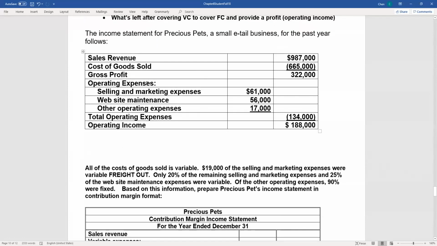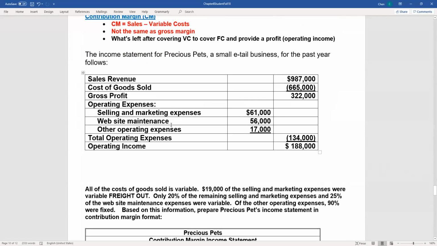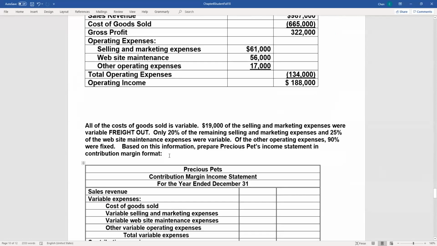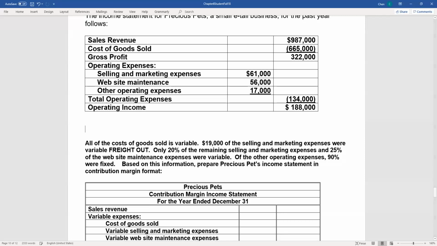This table here is an example of a traditional or absorption costing approach income statement. We start with sales revenue minus cost of goods sold, and then we have gross profit, and then all these operating expenses to come to our operating income. We have more information here.